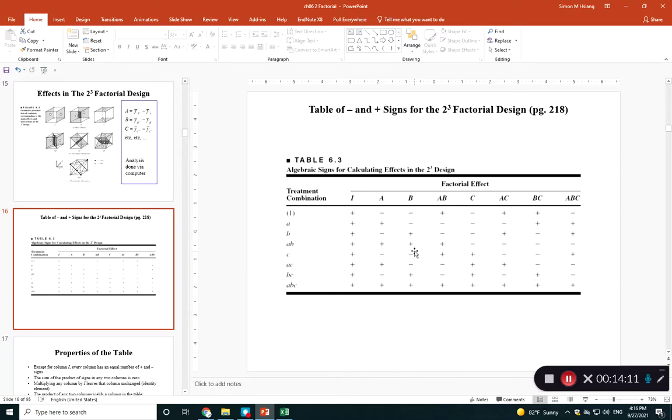Positive, positive is positive. Negative, negative is positive. So once you do that, since these are orthogonal contrasts, A contrast times B contrast becomes AB contrast, still the sum of the AB contrast should equal to what? It should equal 0. You should only have 4 positive 1, 4 negative 1.